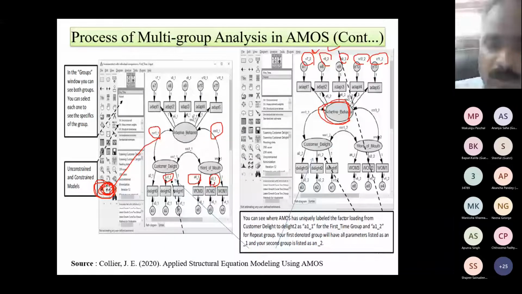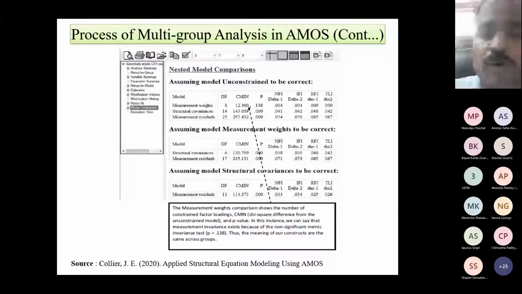Now, once you test, we will know by chi-square. I have already said in the session on validity and reliability, CMIN divided by DF, that we are taking as a chi-square value. So we will compare the chi-square value and I will show you how this makes a difference over the groups.